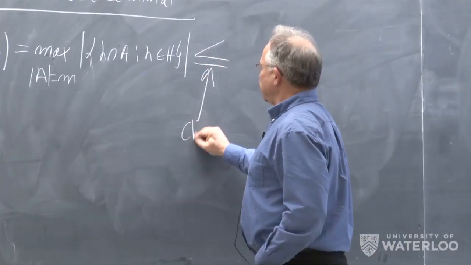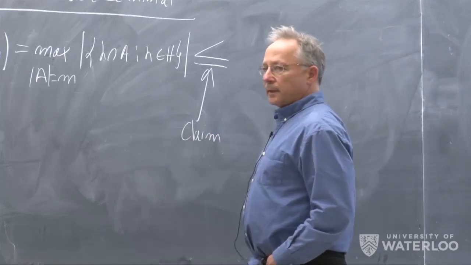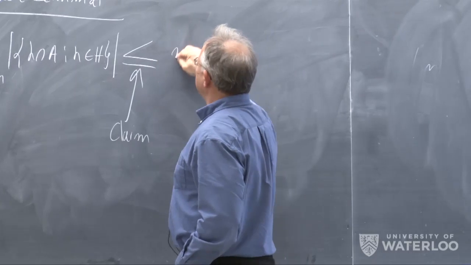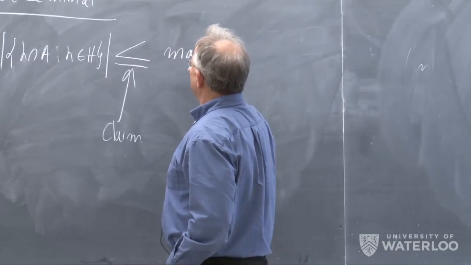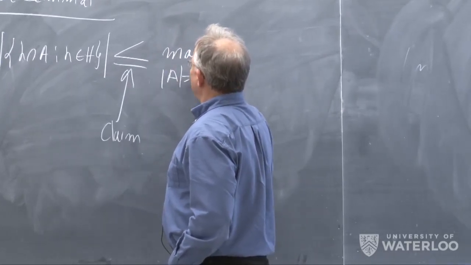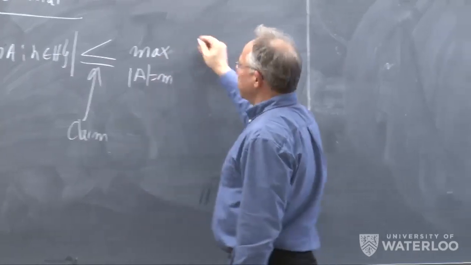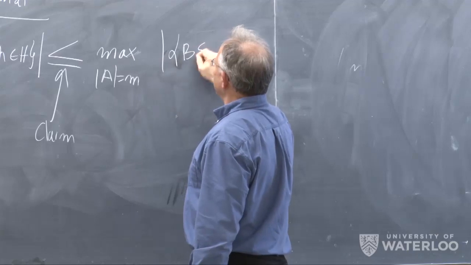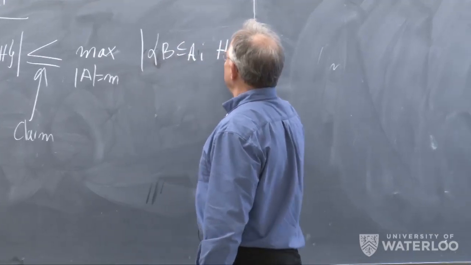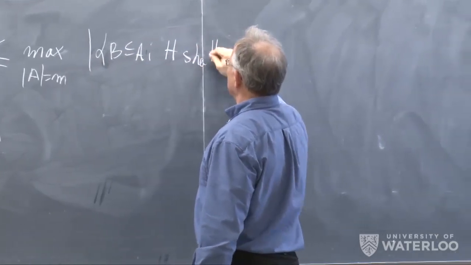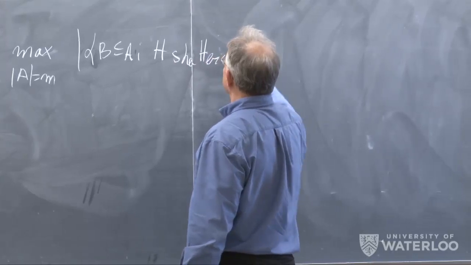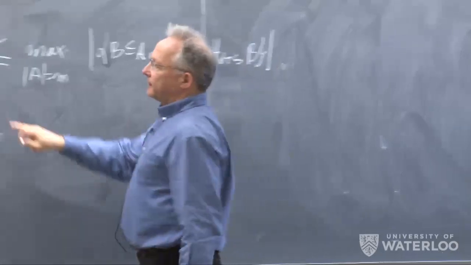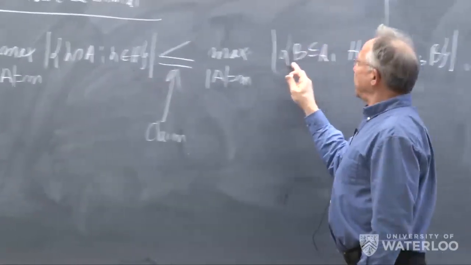By our claim, this will be less than or equal to the maximum over all A of size m of the number of subsets B of A such that H shatters B. This is what the claim says. I can bound this number by this number.